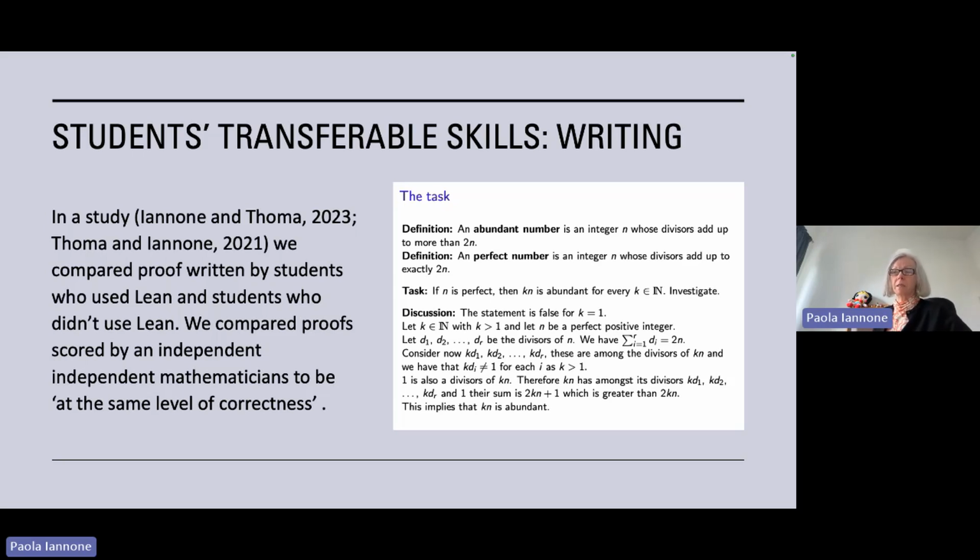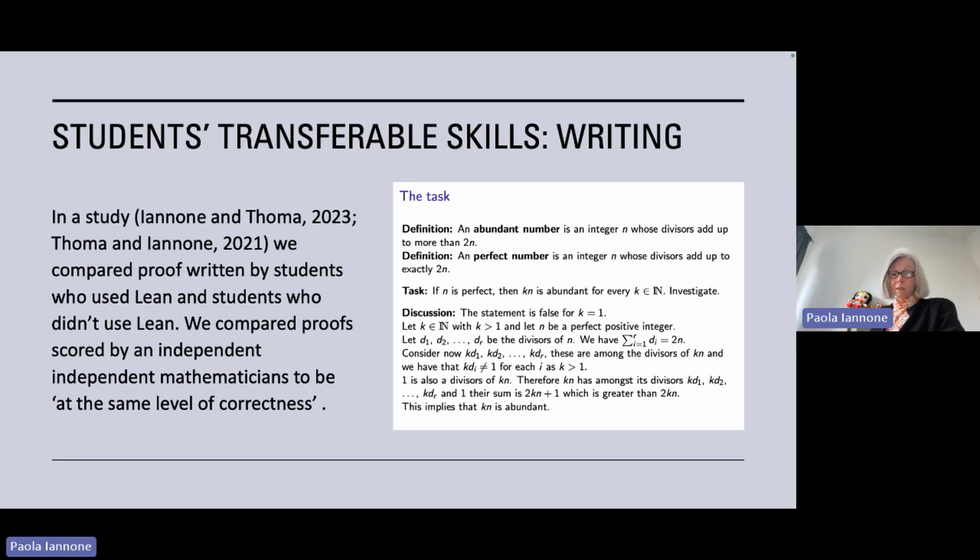So in some sense, some of the literature calls this problem-solving type of tasks. So we did all these task-based interviews. We scored the proofs that were produced. A colleague of ours who wasn't in the study scored them, and then we compared qualitatively proofs that were scored by our external person at the same level of correctness.